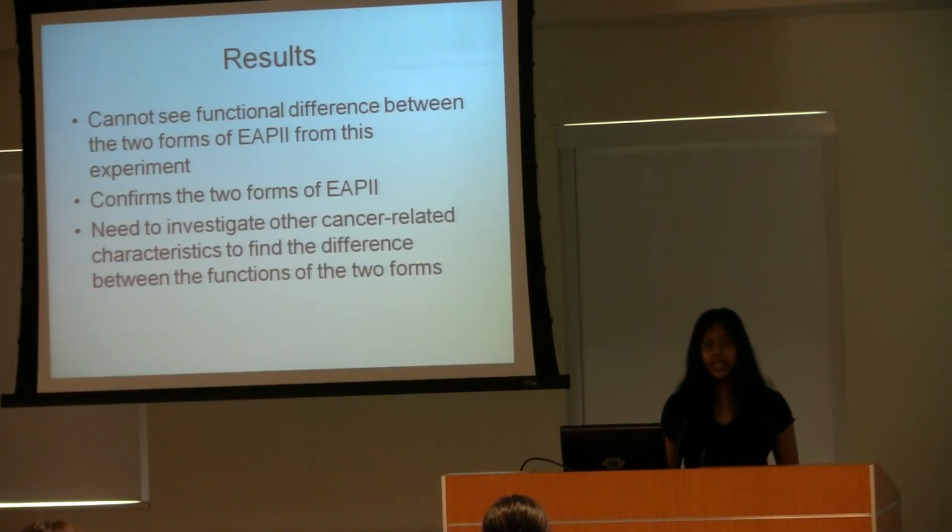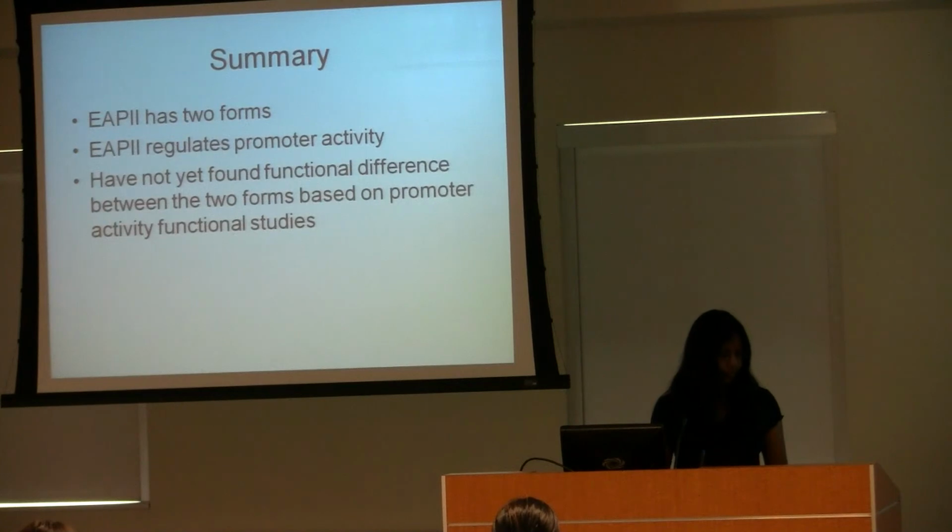But this experiment did indeed confirm that there are the short form and long form of EAP2. And we'll still try to find the functions of both forms of EAP2. We need to keep looking at several cancer-related characteristics such as apoptosis and metastasis to try to find another way to find the difference between both of these forms and their functions in cancer.